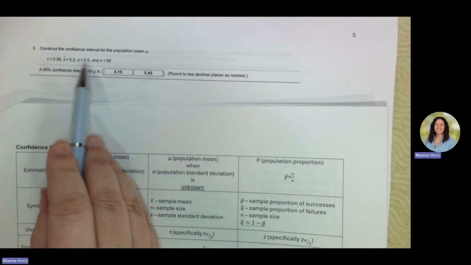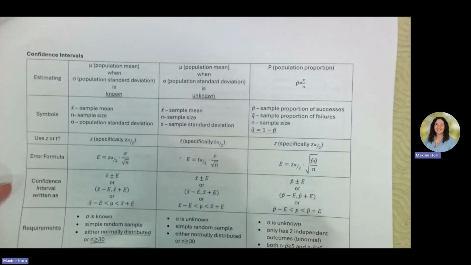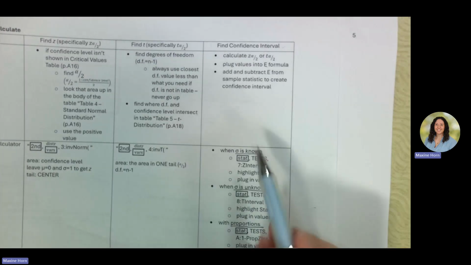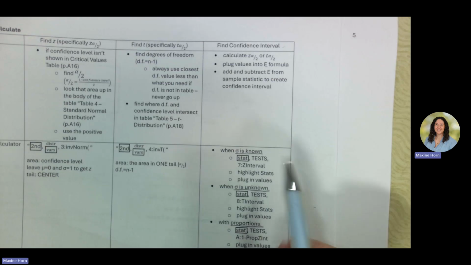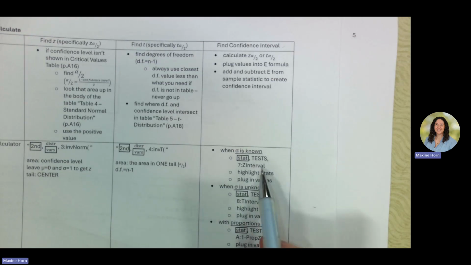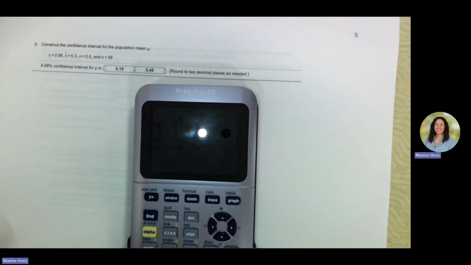They gave it to us, it's right there. So this is what we're doing. If we're doing it in the calculator, we're creating the confidence interval. When we know our population standard deviation, it's going to be stat test z interval. So let's go ahead and do that in the calculator.